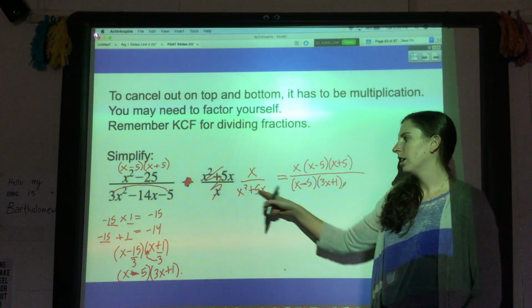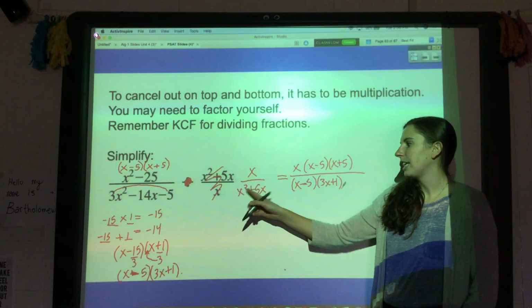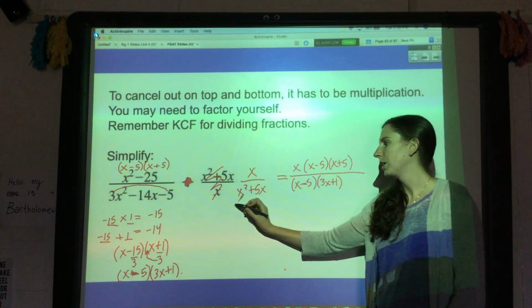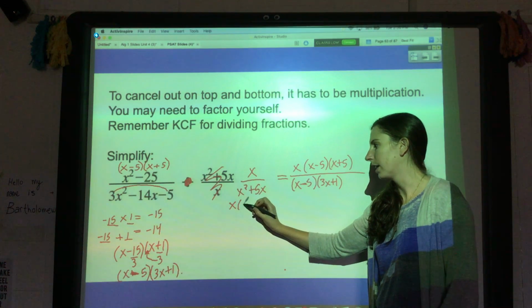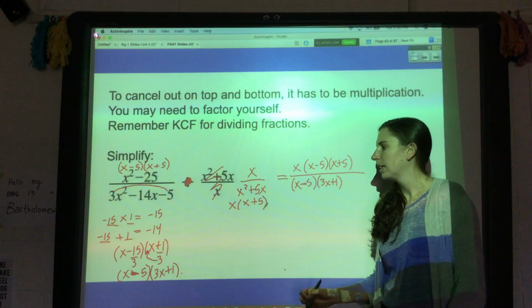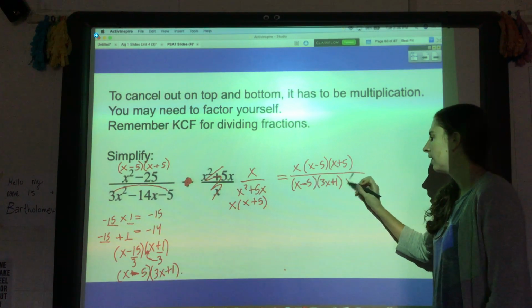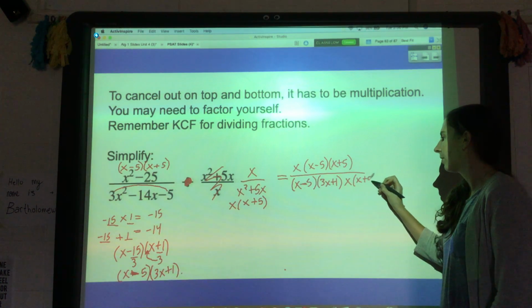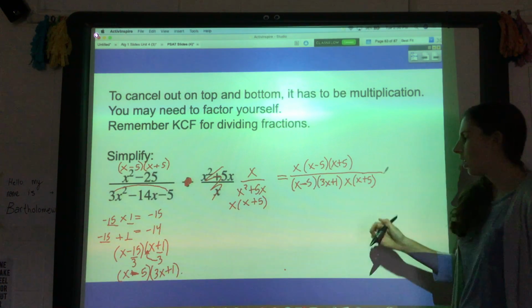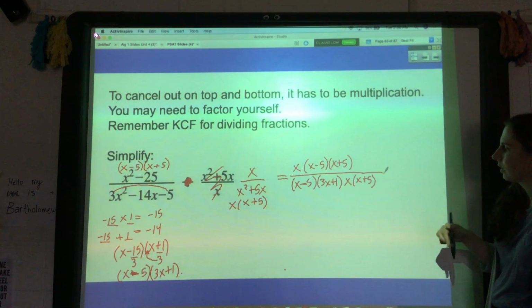Finally, I'll factor this. This one's a little weird. It has a GCF of x. When you take out that x, you're left with 1x plus 5. And so this factors into x times x plus 5. Now that it's all factors, I can cancel stuff. And you'll notice I have quite a few that are the same.